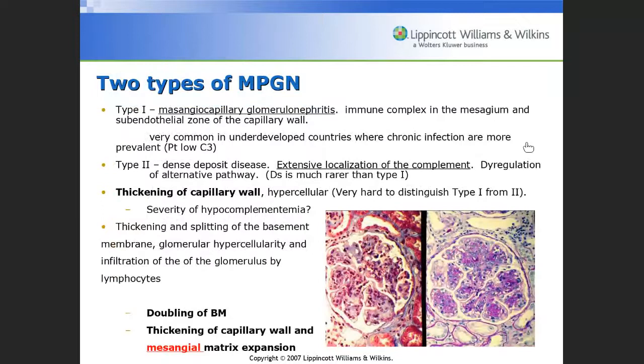In the case of membrane proliferative glomerulonephritis, there are two types. This is the thickening of the capillary wall. Oftentimes, they will describe this as bumpy. See how these look bumpy?